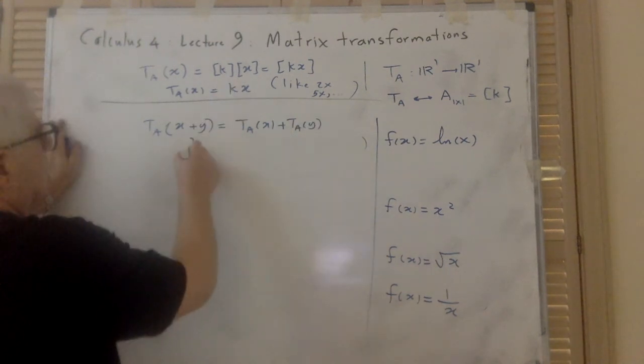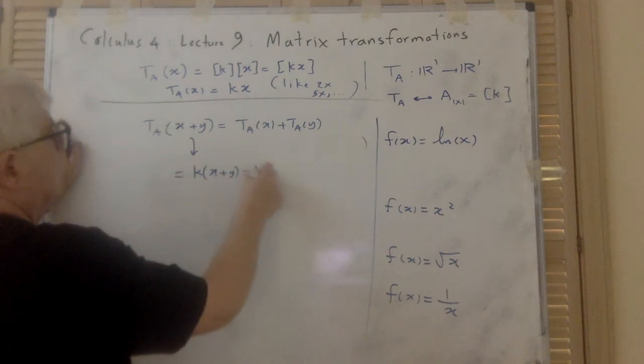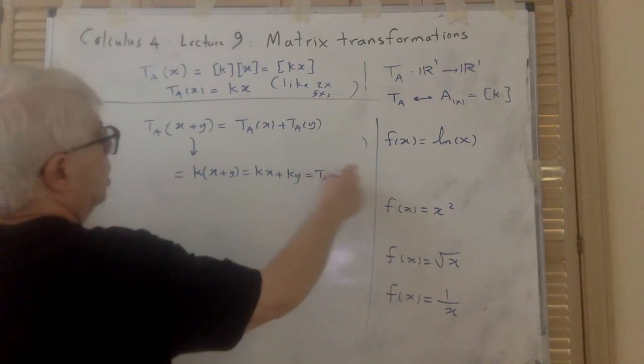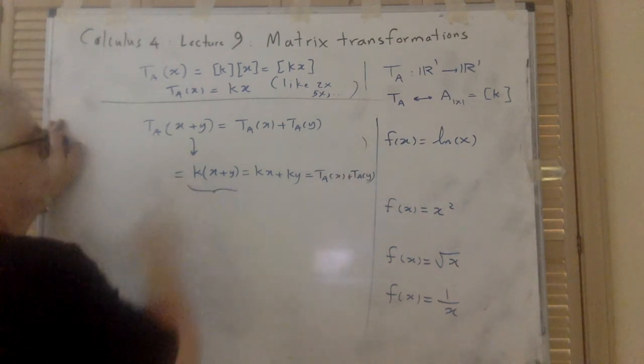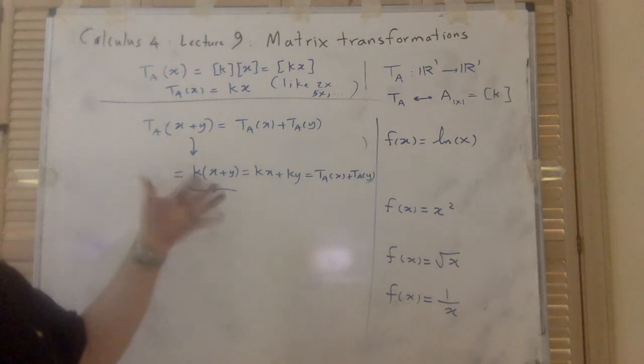This thing is K times (x plus y), which is Kx plus Ky, which is TAx plus TAy. So you don't really have to know that. You know that this constant distributes over those two. That's like basic when you start learning college algebra or arithmetic. That is one of the first properties, the distribution over parentheses, right? So you just remove parentheses.